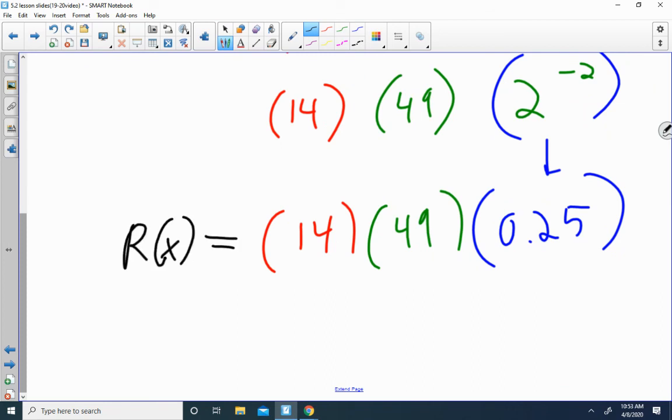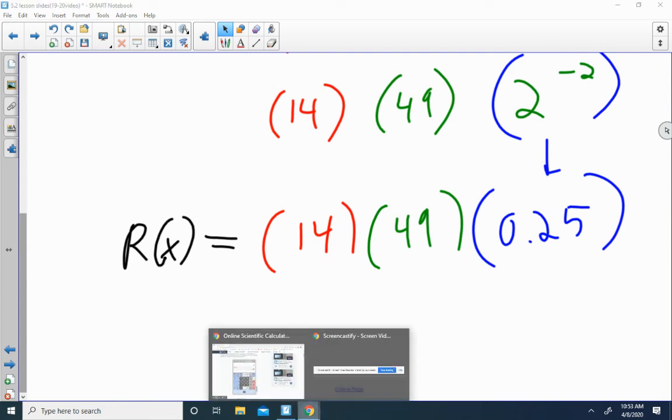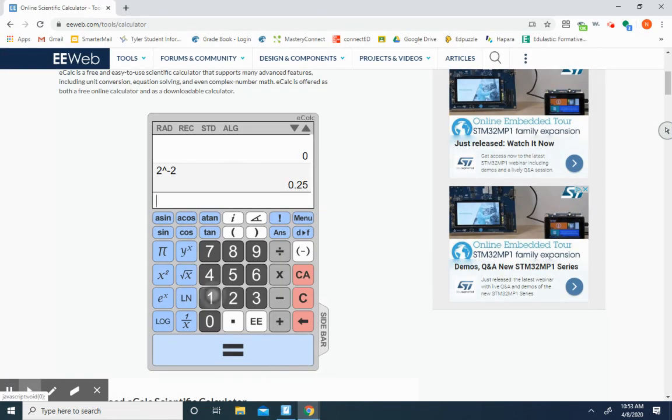So let's go ahead and do that. 14 times 49 times 0.25. Okay, so 14 times 49 times 0.25. Press enter, and that is going to be our revenue, $171.50.